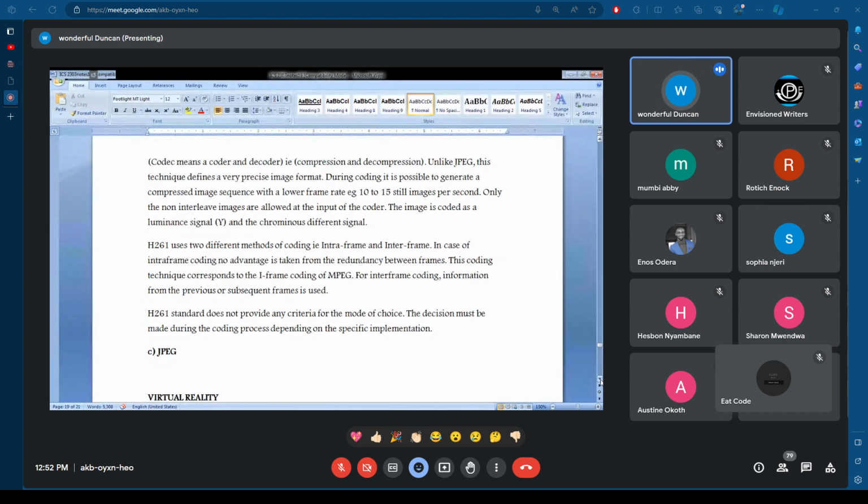In case of intra-frame coding, no advantage is taken from the redundancy between frames. Redundancy is the change that occurs when these frames are being compressed and decompressed.